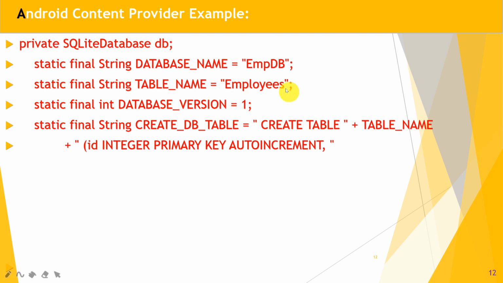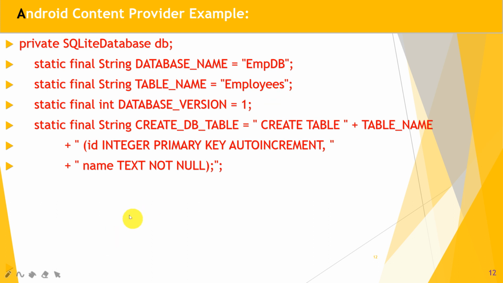Employees, with ID integer primary key, auto incremented, and then name as text. So this is our create table query. It creates the employees table in the employeeDB database with two columns: one is the ID, an auto incremented primary key which is not duplicated, and the second is the name. We want to insert the name into that employees table.